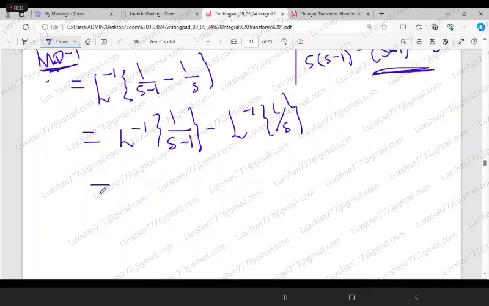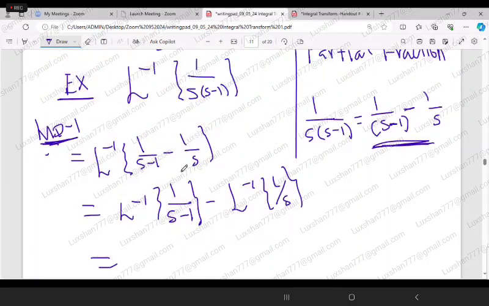Can anyone tell me the answer? What is the inverse Laplace transform of 1 over s minus 1? I'm waiting for your result.